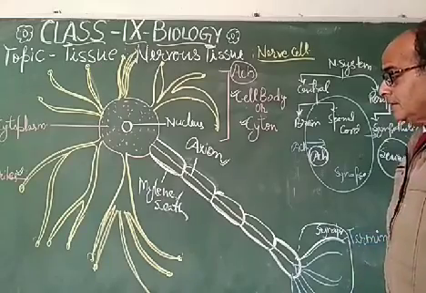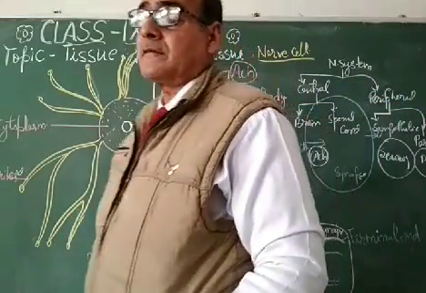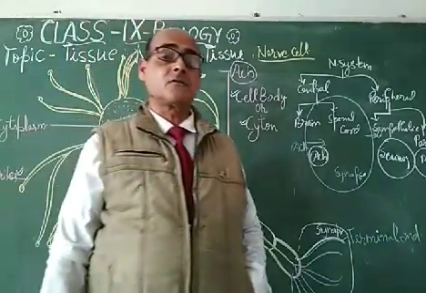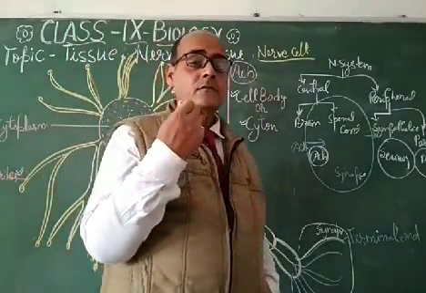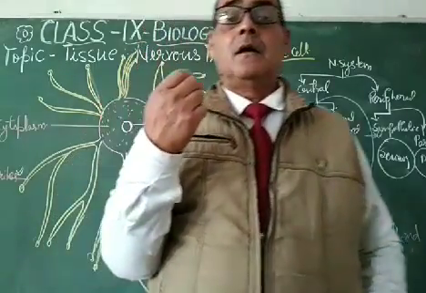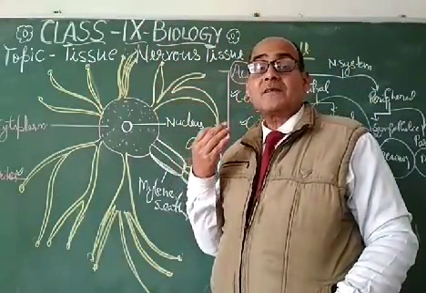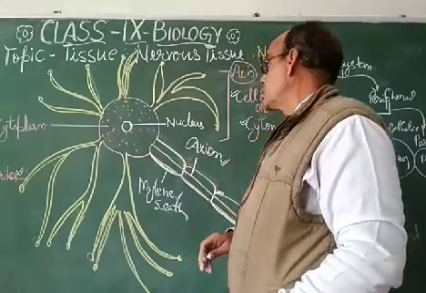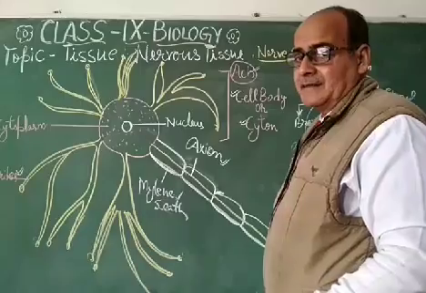Dear students, let us start again some more questions from this nervous tissue. These tissues are responsible for which type of chemical secretion? So the name of the chemical is acetylcholine or ACH.